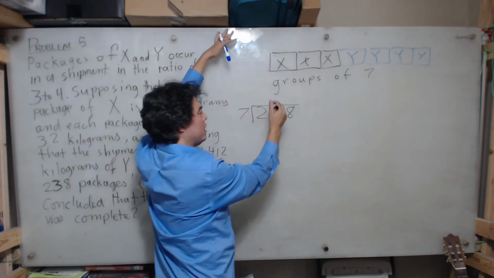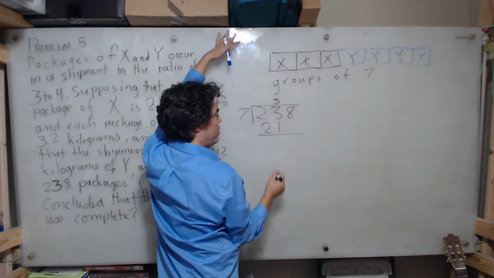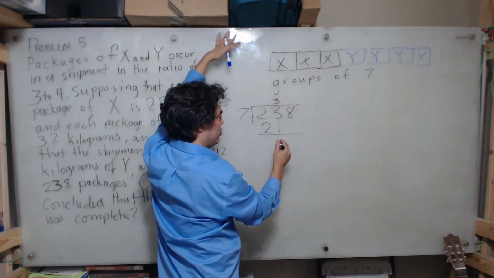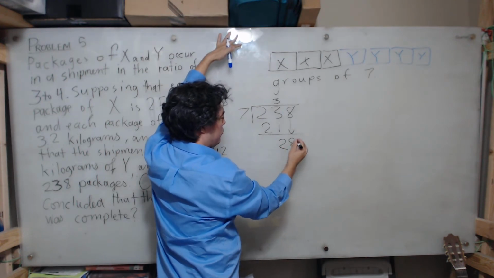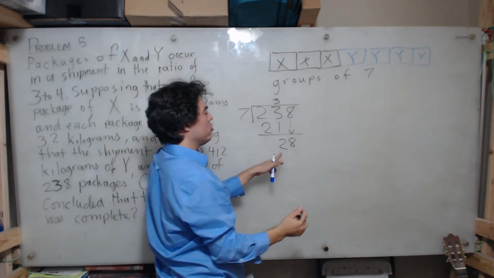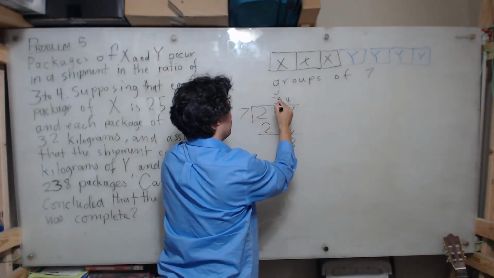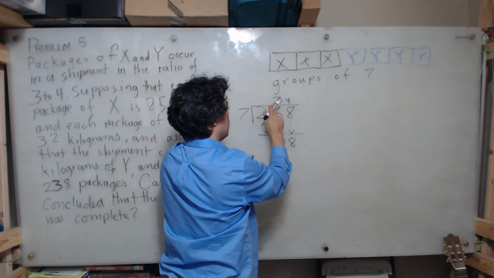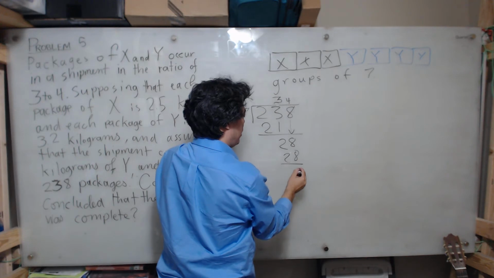Yes, 3 times, because 3 times 7 is 21. 23 minus 21 is 2. Then I bring down my 8. Aha! 7 goes into 28 4 times, right? 4 times 7 is 28, and 28 minus 28 is 0.